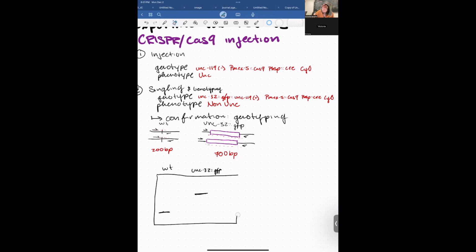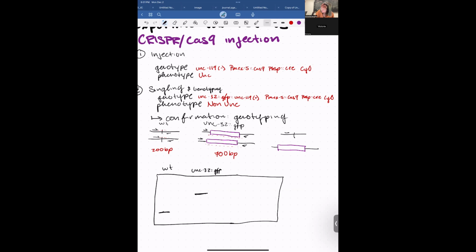What would you expect if you were looking at a heterozygous worm? So one copy of wild type and one copy with the insert.